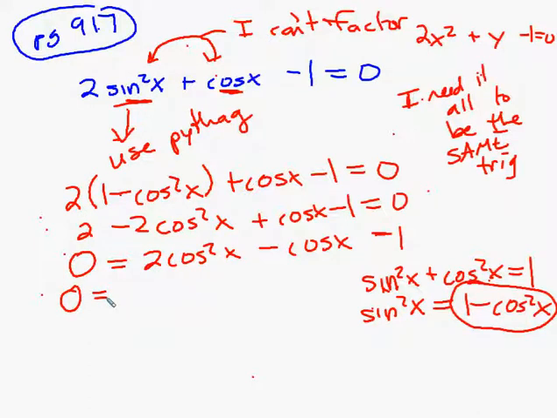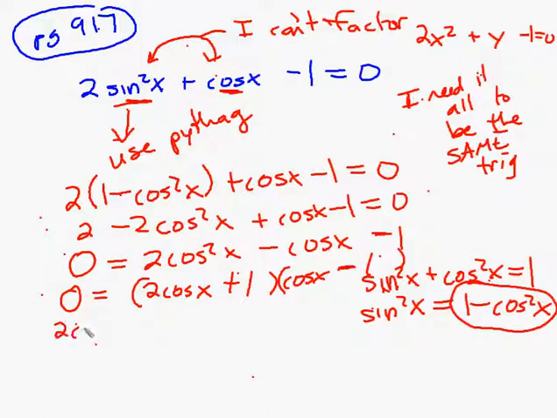So all I did was replace the sine squared with the Pythagorean identity. I distributed, and then I moved everything to the right, so I have a positive 2 cosine squared. That's going to make it easier to factor. You don't have to do that, but I find it's easier to factor when we do. Now we're going to go ahead and factor this. So I get minus 1 right here and plus 1.